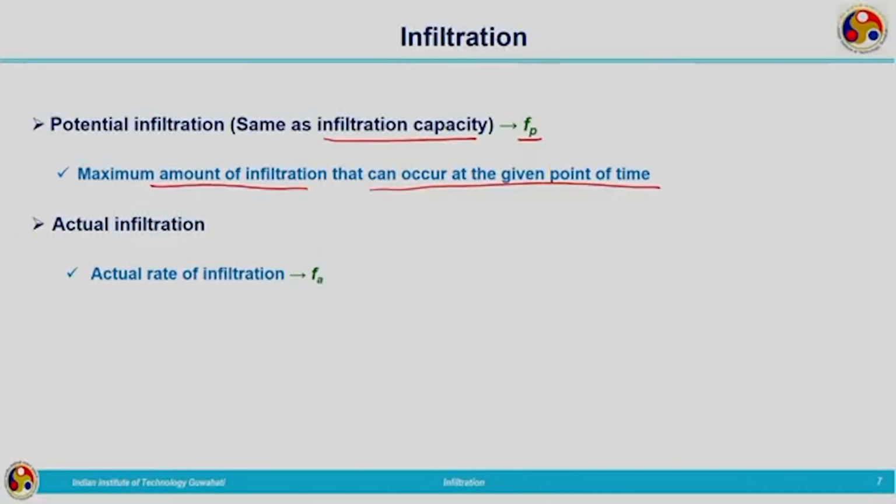Before that the rainfall might have ceased. So, maximum capacity of infiltration is represented by potential infiltration, and whatever is exactly happening at the field or the lab, that is the actual rate of infiltration, represented by Fa.